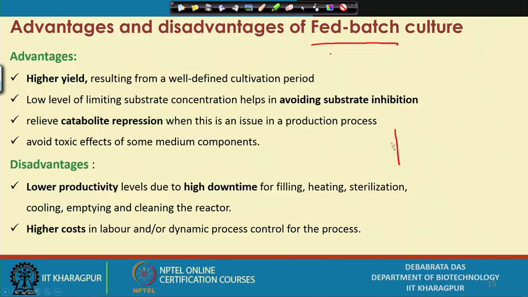Another example is the penicillin fermentation process. In the penicillin fermentation process, what is happening? We know that the precursors required are phenylacetic acid and phenoxyacetic acid. Am I right?